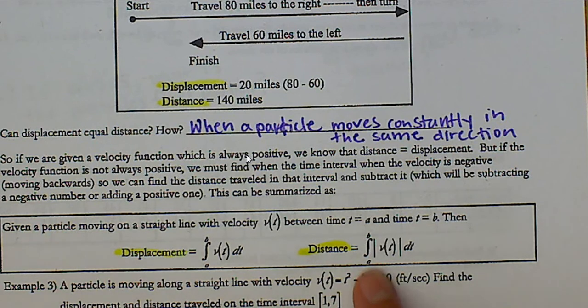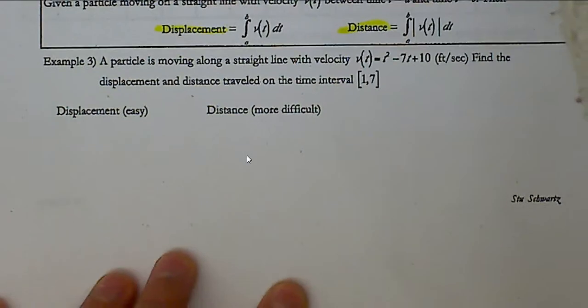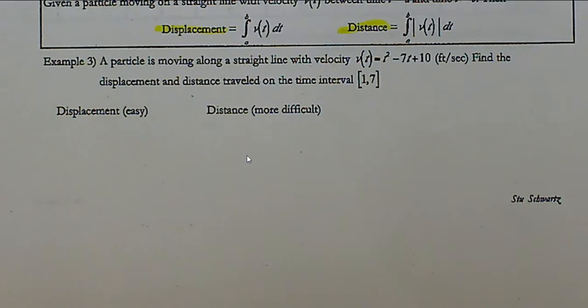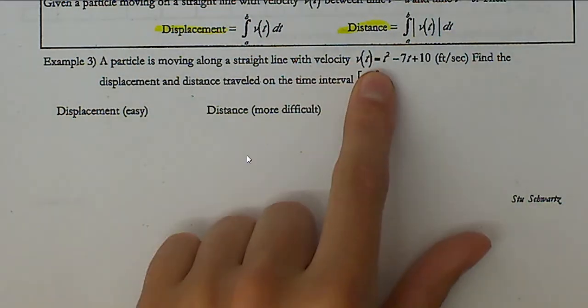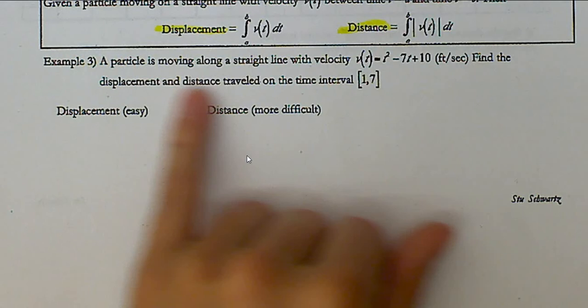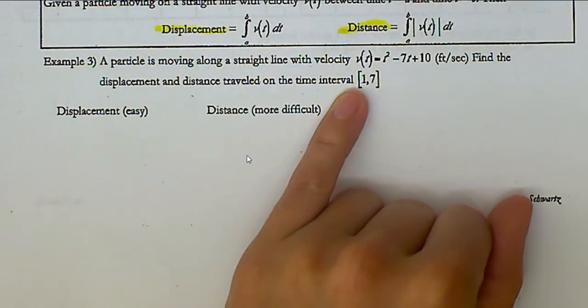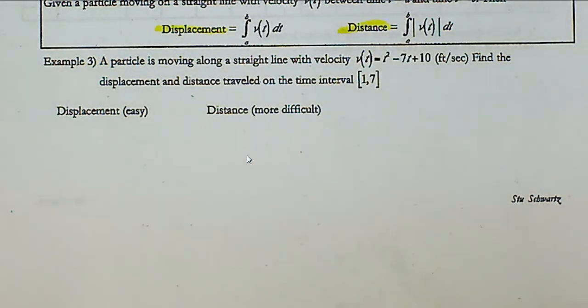Okay, let's look at this in example 3. A particle is moving along a straight line with this velocity in feet per second. Find the displacement and distance traveled on the time interval between 1 and 7. So displacement is the easier value to find.